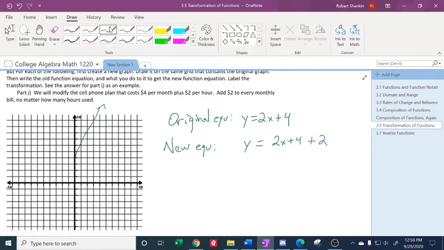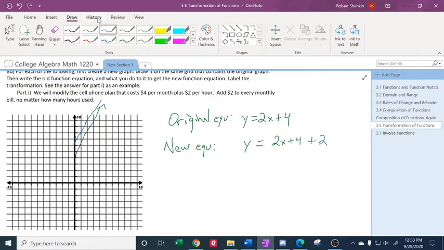This new graph, everything got 2 added to it. And so it'll have a y-intercept of 6, and it'll still have a slope of 2. But every height got moved up 2 units, like this.